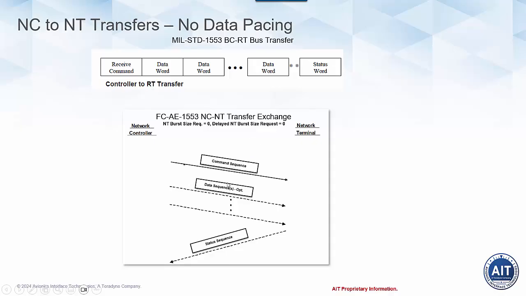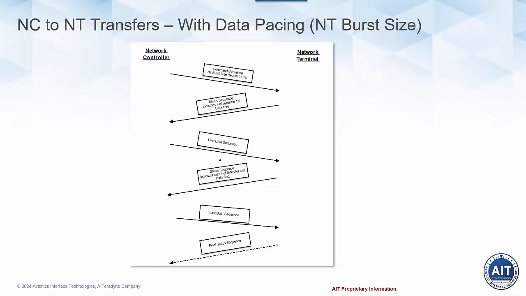Then you would have immediately data sequences, one or more of them, following that from the network controller to the network terminal. And then the network terminal, after it receives, would respond with a status sequence. So pretty straightforward. The only difference is you can send a lot more data because you're on Fibre Channel and these data sequences can be really large.